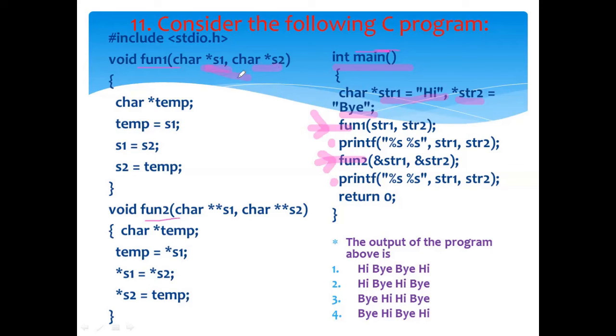So whatever value is changed here with respect to s1 or s2 is not affected; it's not affecting the actual parameters, string 1 and string 2. So the values will remain string 1 and string 2 itself, so the first two words will be "hi" and "bye" itself.